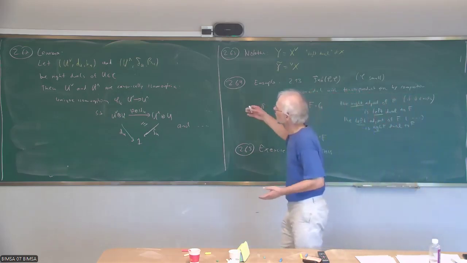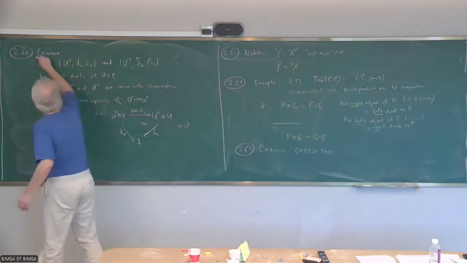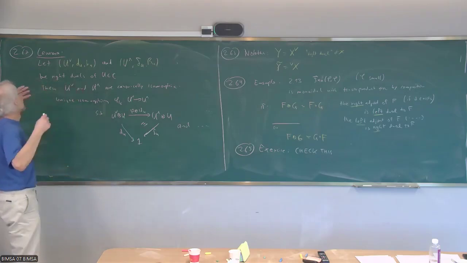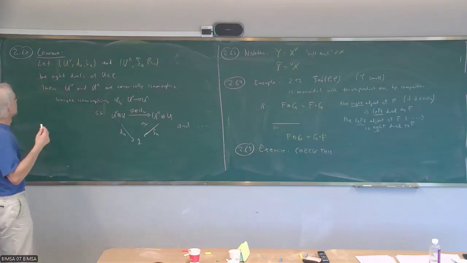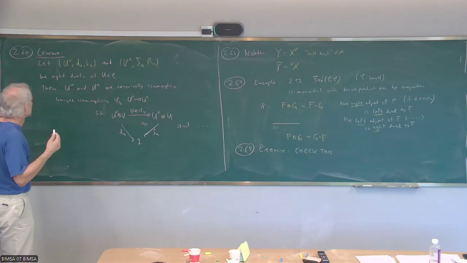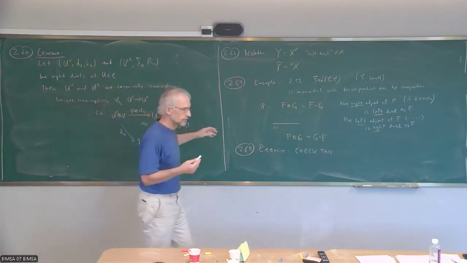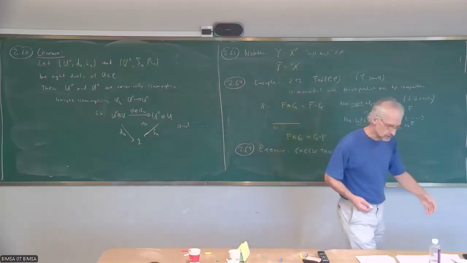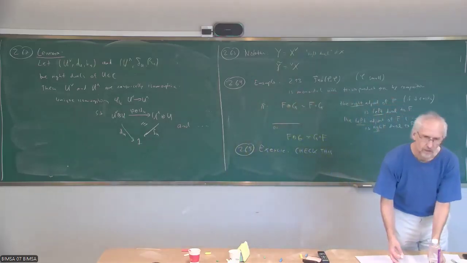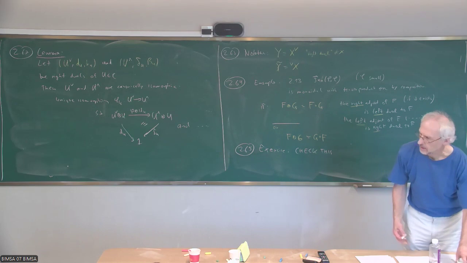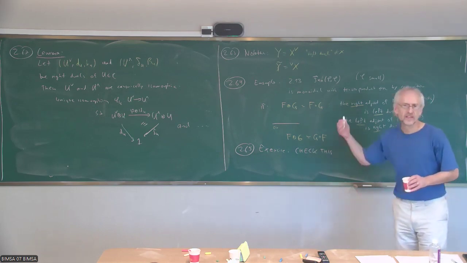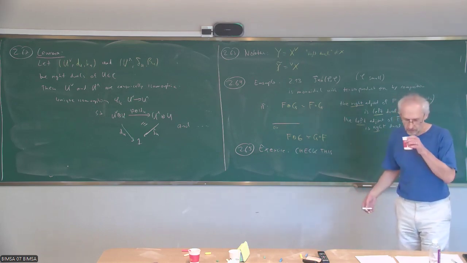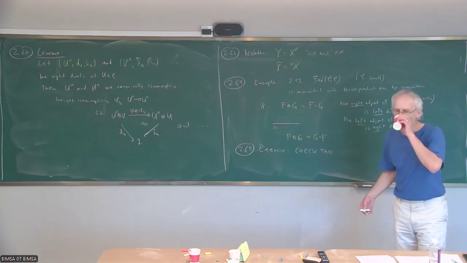This means the left dual or right dual of an object, if it exists, is unique up to fundamental isomorphism. And therefore, we also talk about the left dual or the right dual of an object.